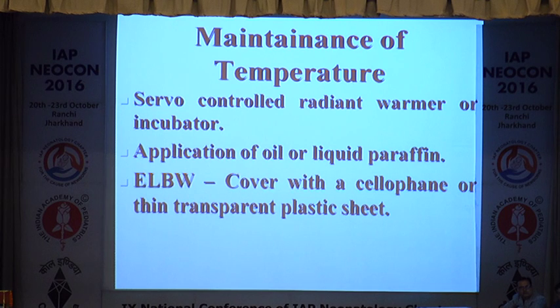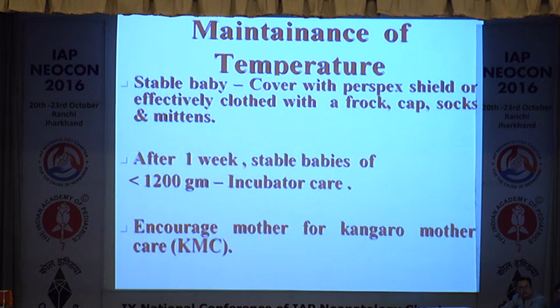Ideally the baby should be under a servo-controlled warmer, and application of oil, particularly coconut oil, which is available at all places, should be encouraged. Extremely low birth weight babies should be covered with a thin transparent plastic sheet or cellophane. Cellophane may not be available at many places, but a thin transparent plastic sheet is available, and we are practicing with this.